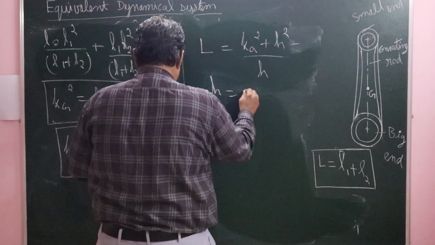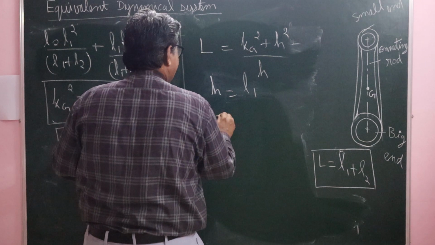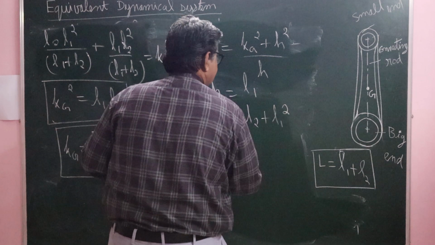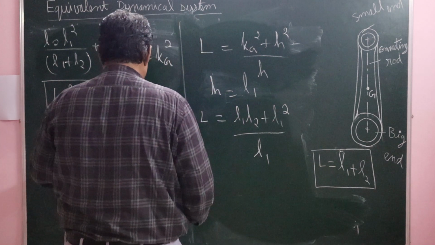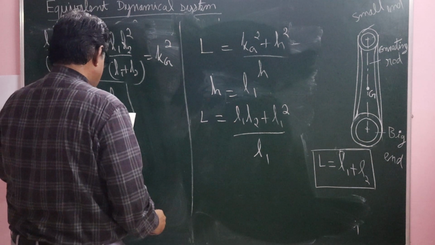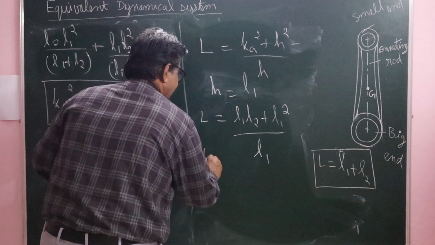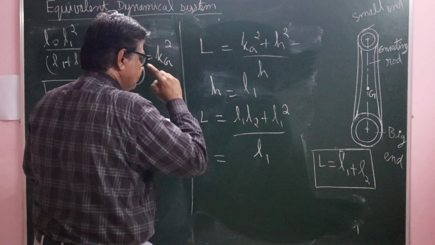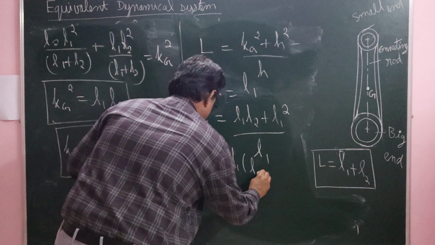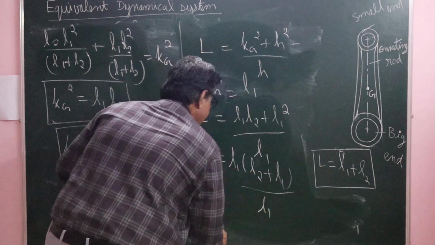Here h is equal to L1. Therefore, we can write L equal to (L1 L2 plus L1 square) by L1. Therefore, it becomes L is equal to L1 into (L2 plus L1) divided by L1.